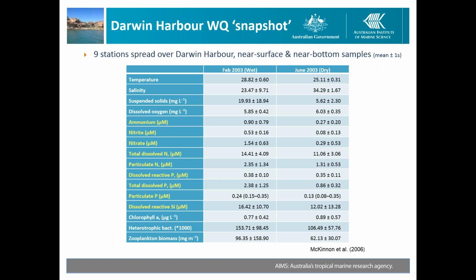This next slide provides a snapshot of harbour water quality in the wet and dry seasons from past AIMS work. It presents mean data from 9 stations spread throughout the harbour. Turning to the nutrients, the difference between total dissolved N and the dissolved inorganic forms, ammonium, nitrite and nitrate, is, of course, dissolved organic nitrogen.